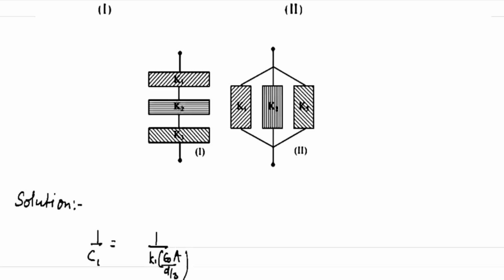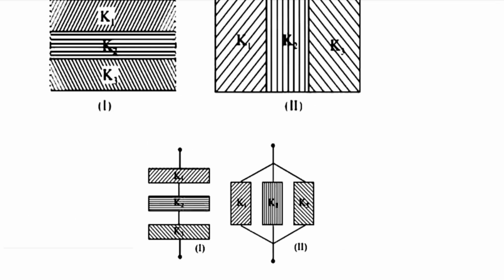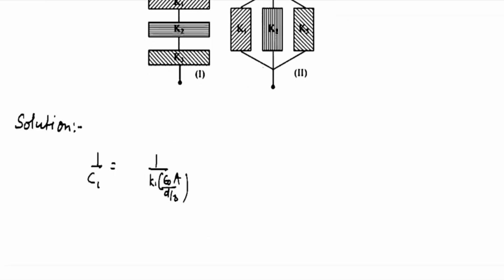As given in the question, these are filled with a distance d, so the distance d is divided into 3 parts. For K1 it will be d by 3, for K2 it will be d by 3, and for K3 it will be d by 3. Considering K1, the separation distance will be d by 3.